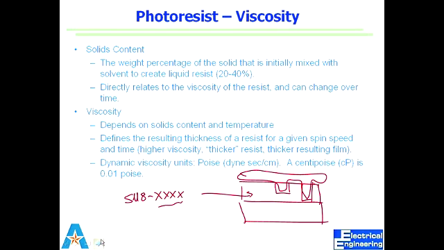We can use it if we are doing deep RIE in silicon, because if I'm doing deep RIE, I might be doing a 300 micron deep etch. So I need a resist which is itself 200 micron, give and take, given the selectivity is the same, 1:1, right? So these are new types of resists which have come, which are very viscous.